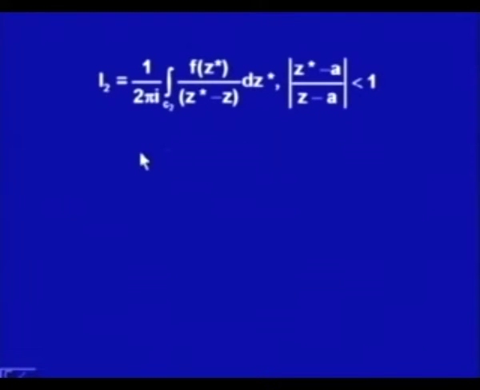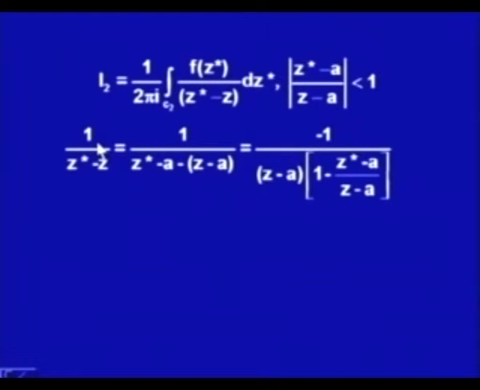So, assuming this, I can expand 1/(z* − z) in the integrand as 1/((z* − a) − (z − a)), and then (z − a) can be taken out, and this will be minus 1 over (1 − (z* − a)/(z − a)).